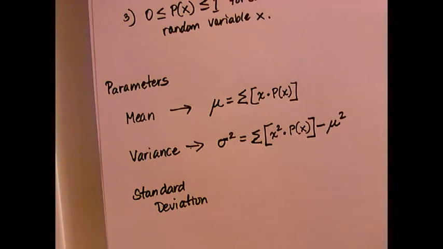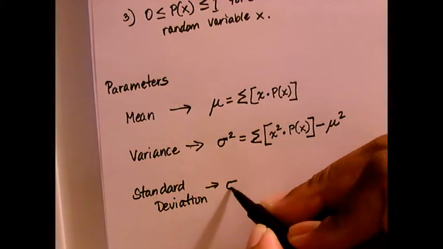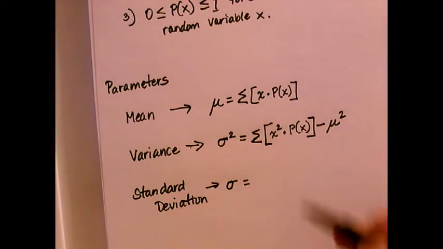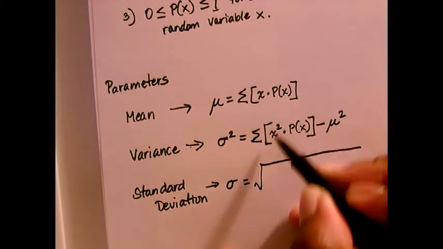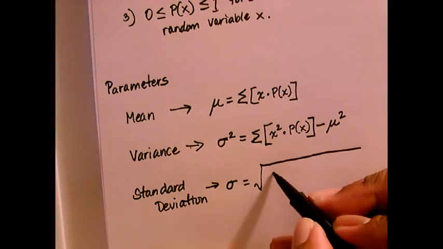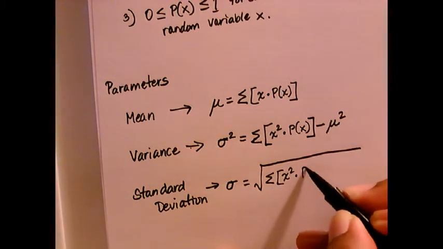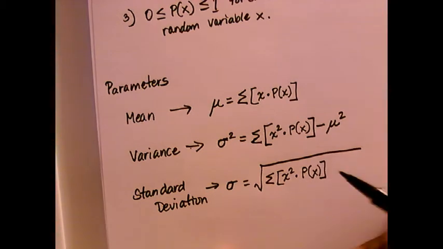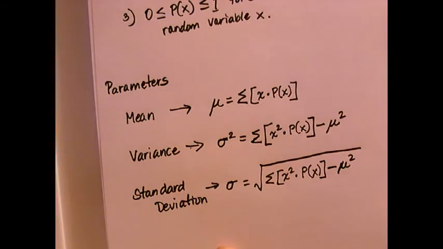Now, once you know the variance, the standard deviation is very simple, because standard deviation is nothing more than the square root of this. So this will be the square root of this part that's going to be underneath the radical, the summation of x squared times p of x minus mu squared.